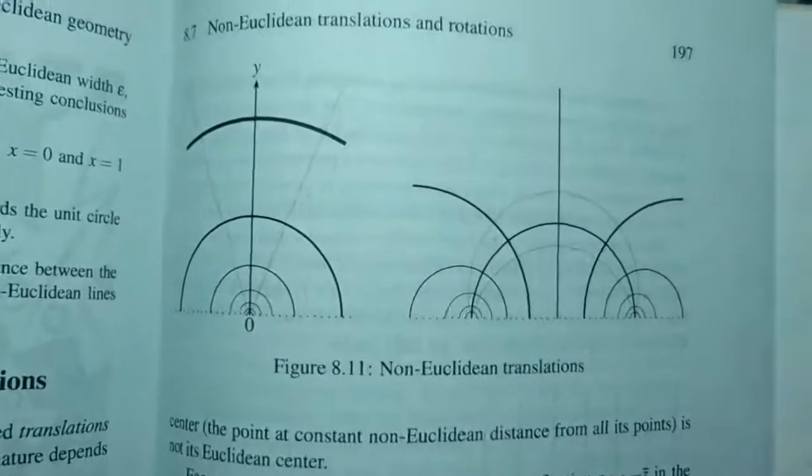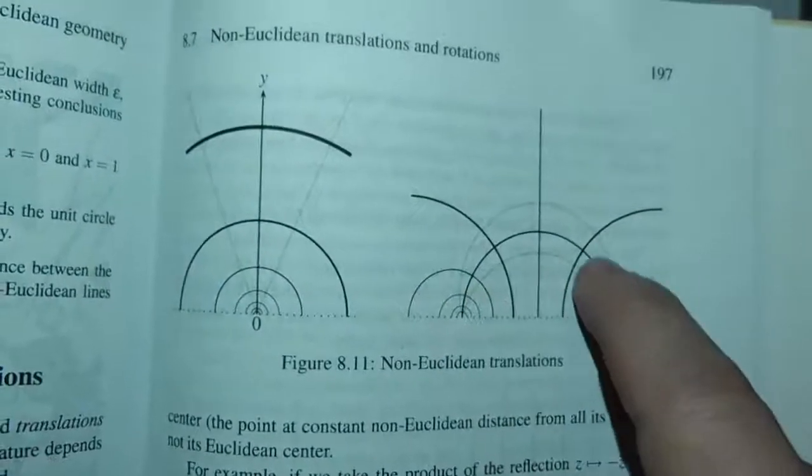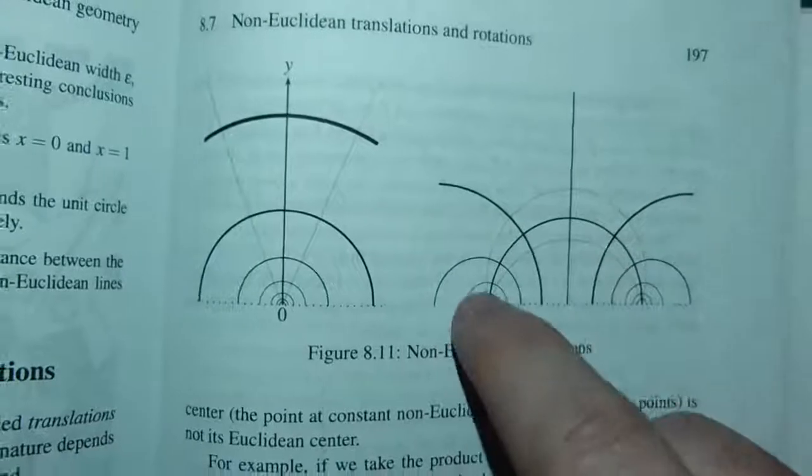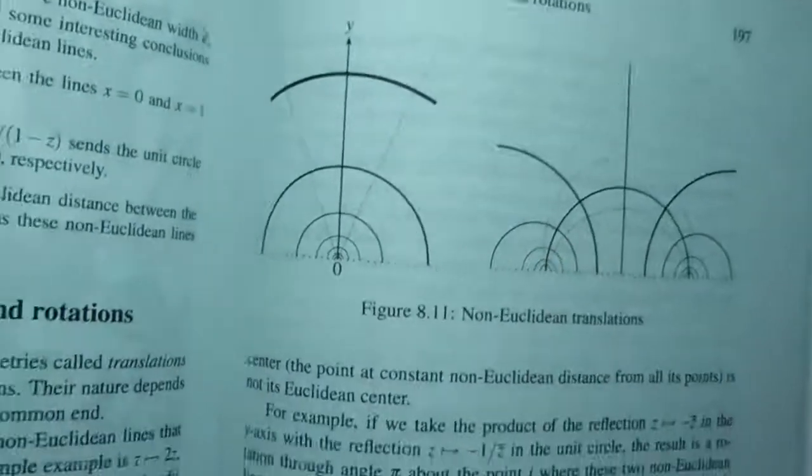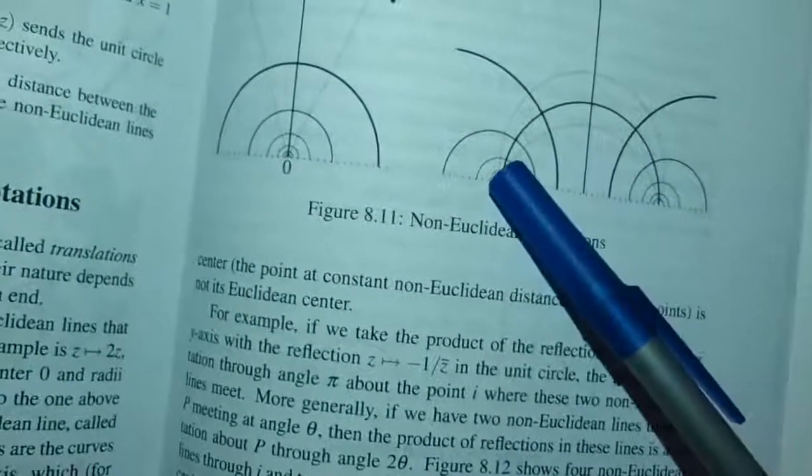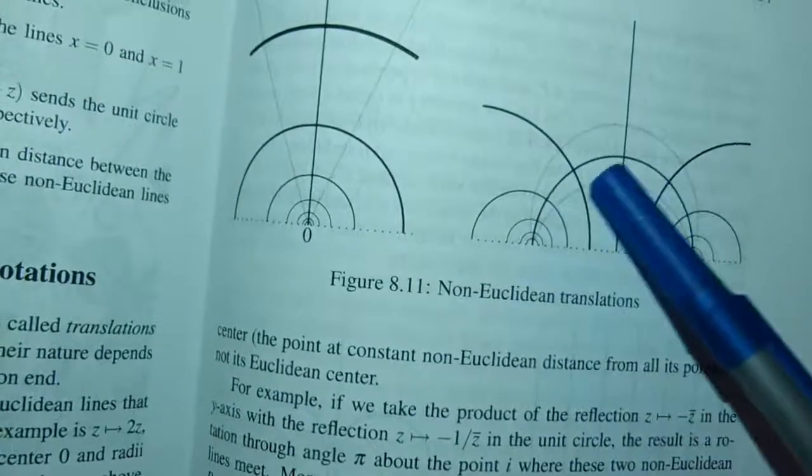The other case is, what if your translation axis is the other type of non-Euclidean line? So let's say your translation axis is this semicircle.